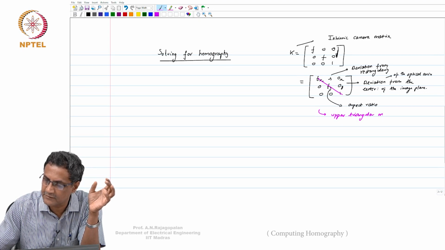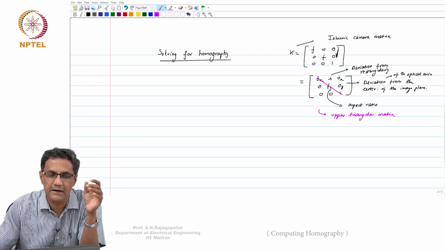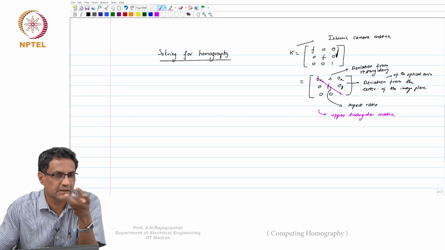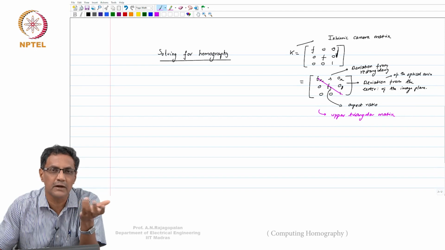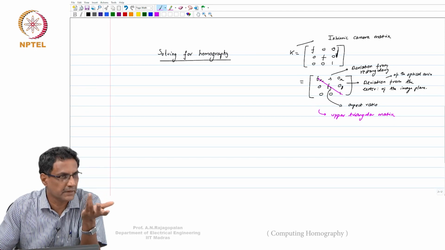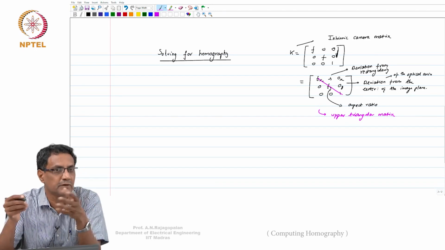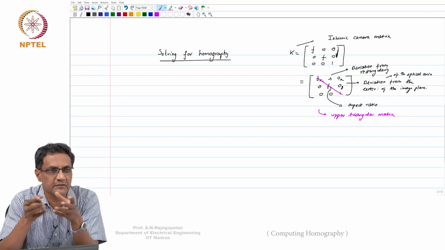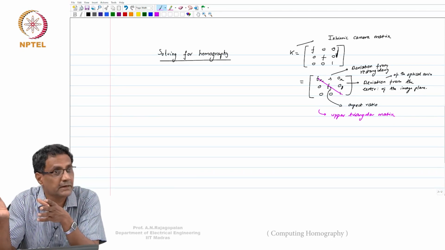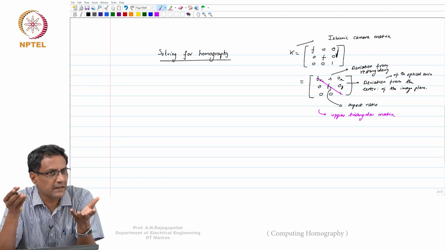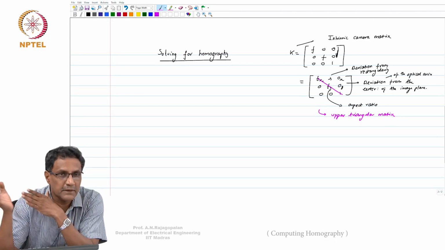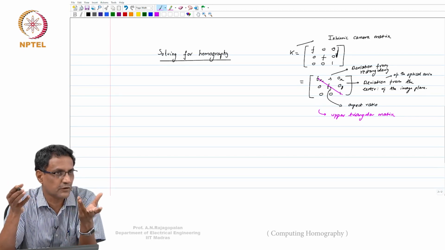In fact, this is also the reason why, when people do camera calibration, they use a QR decomposition. Have you heard about the QR decomposition in matrices? It gives out a matrix as a product of an upper triangular matrix and an orthogonal matrix. That upper triangular matrix is this K. That's the way they do the camera calibration, and the orthogonal matrix is your R. R is an orthogonal matrix.